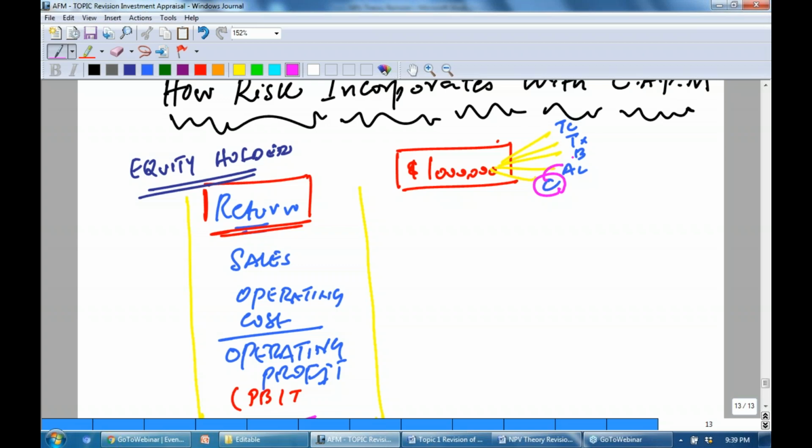Airline has a different risk. So out of 1 million, you set aside a certain amount for the car industry. For example, let's suppose out of 1 million, you have 200,000 for the car industry.